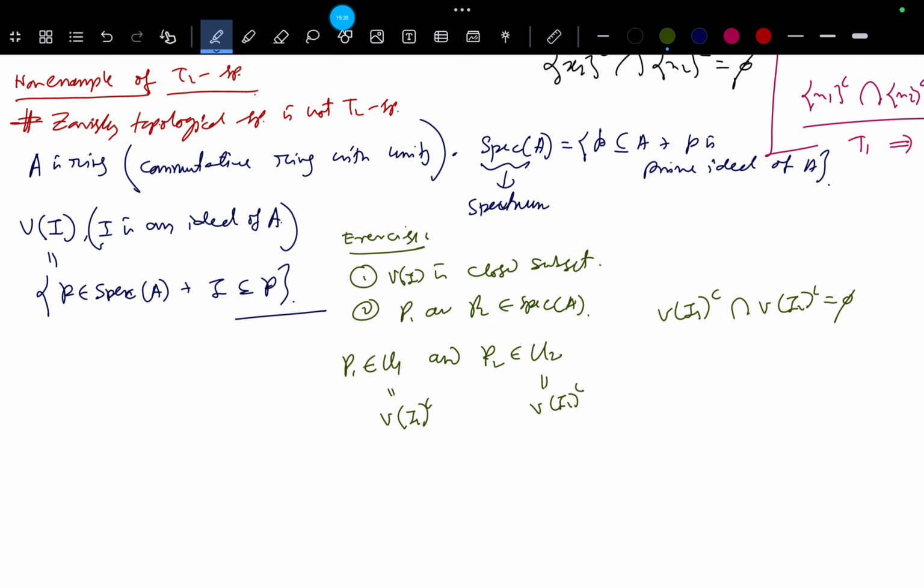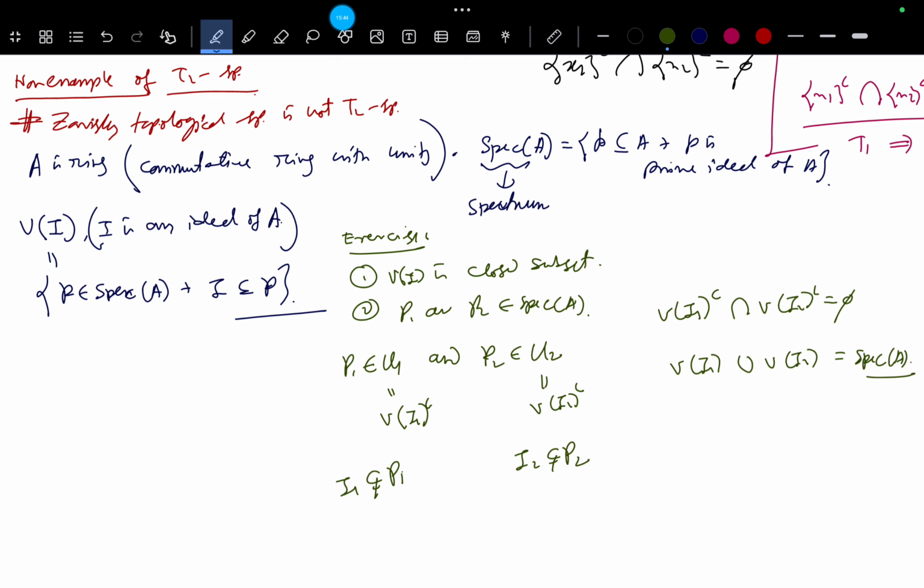Then V of I1 union V of I2 has to be the entire spectrum of A. Now P1 is in V of I1 complement, so I1 is not inside P1, and I2 is not inside P2.